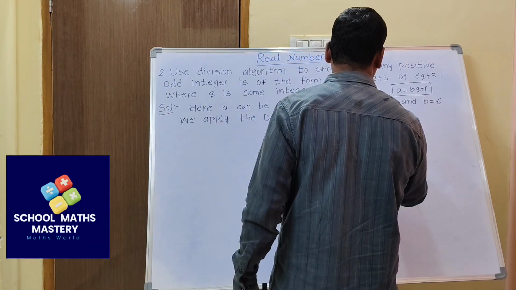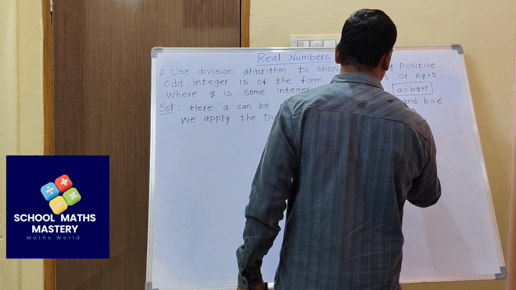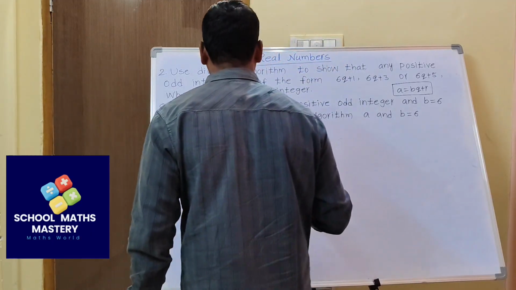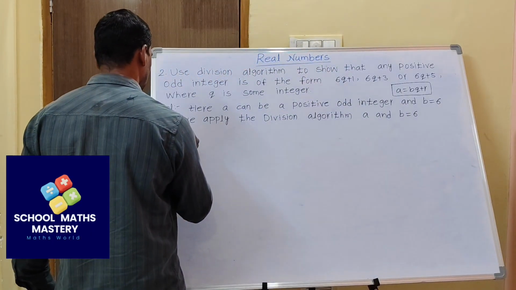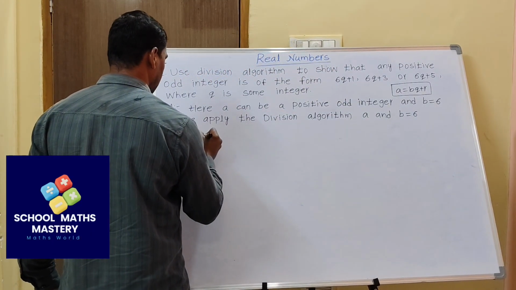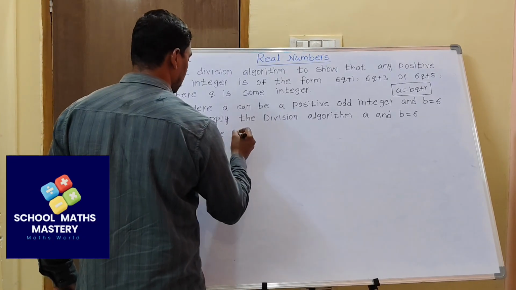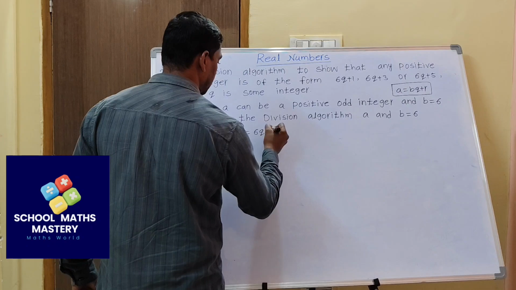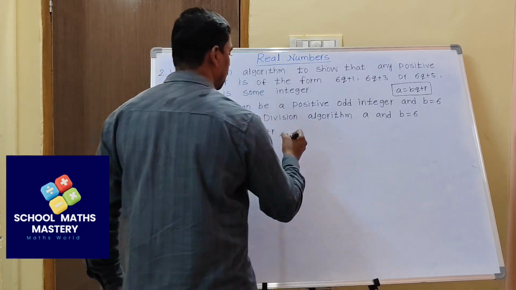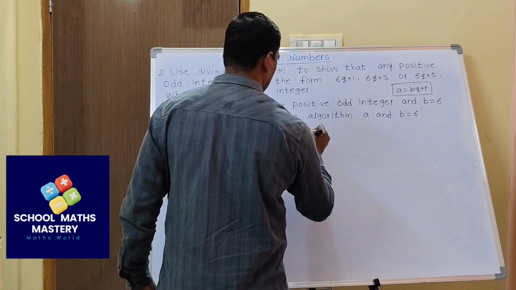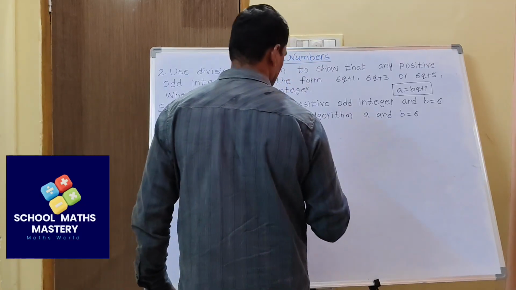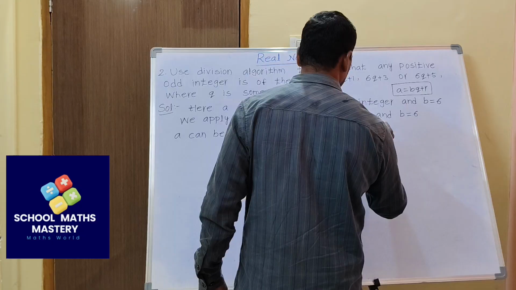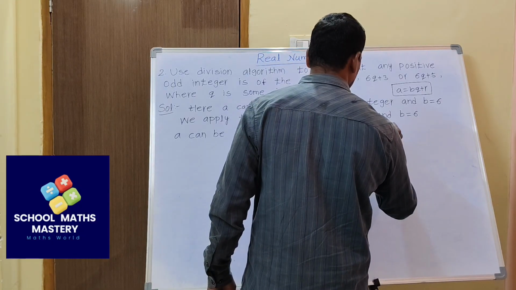a and b equal 6. Okay, a can be a equal 6q plus r, q greater than or equal to 0 and 0 less than or equal to r less than 6.